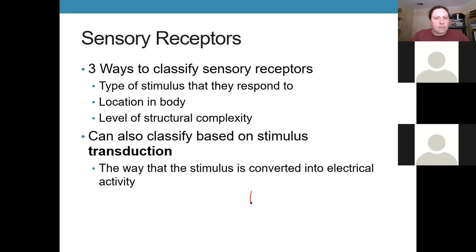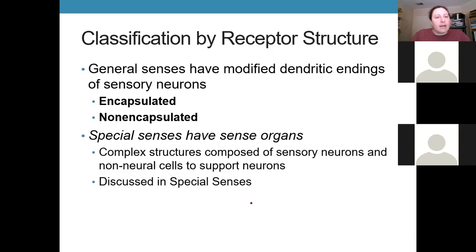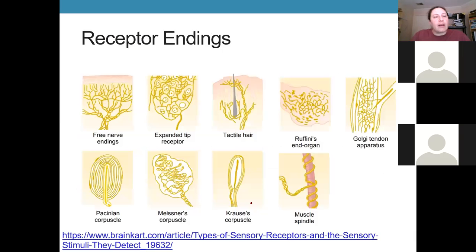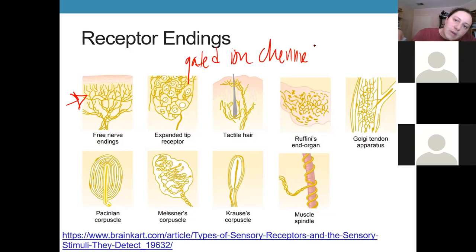So temperature, pain, chemical changes, pressure, anything like that. And when we look at how they're actually responding, generally speaking, what happens is that there's going to be some sort of gated ion channels in the place on the neuron that is being stimulated.